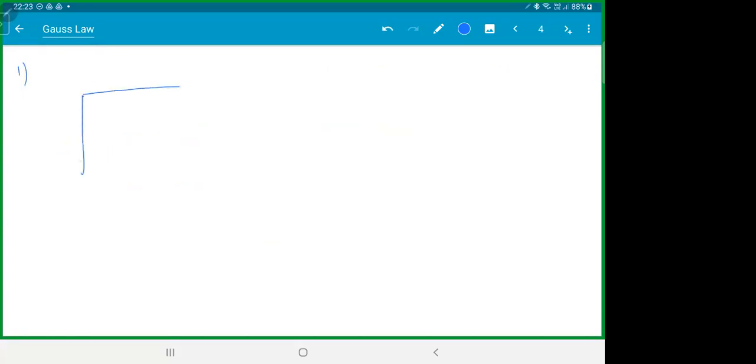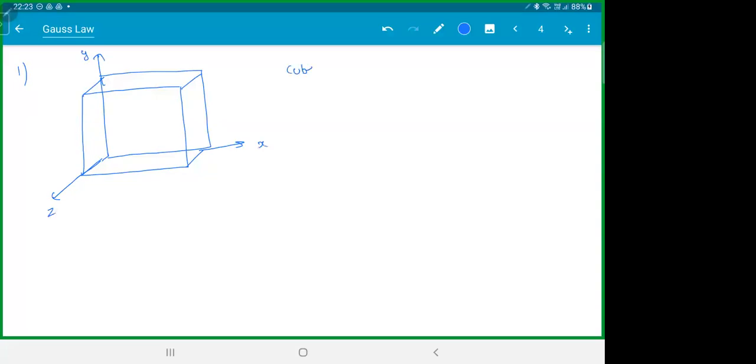So let's say we got a cube. X-axis, Y-axis, Z-axis. This is a cube of side a. So this is face 1, face 2, face 3, face 4, face 5, and face 6 is behind.